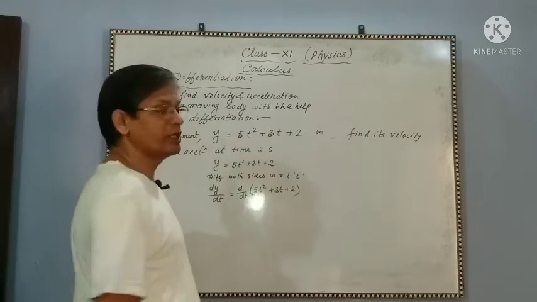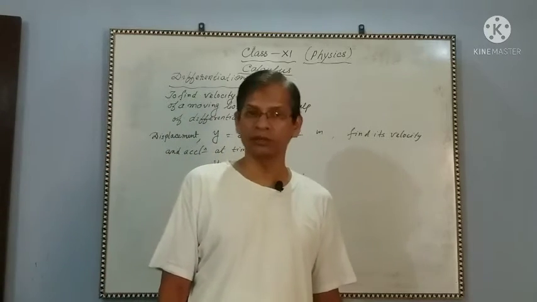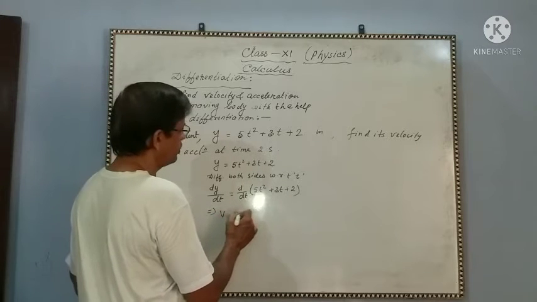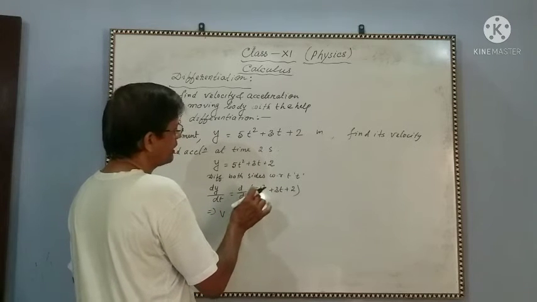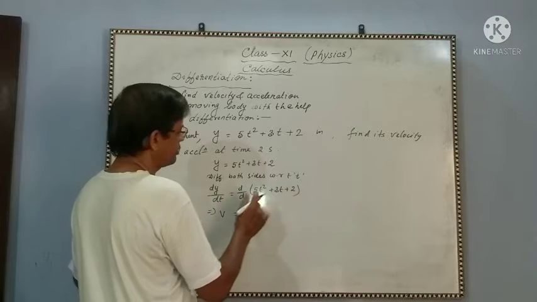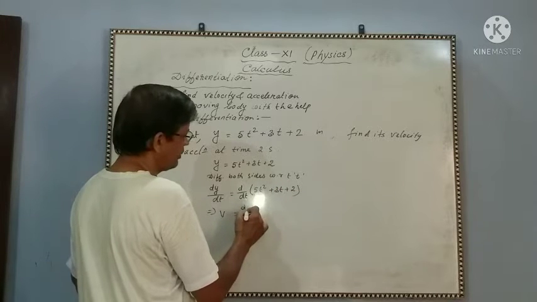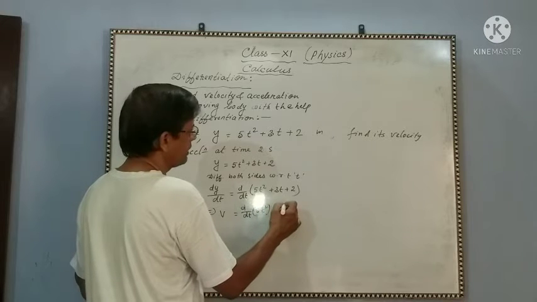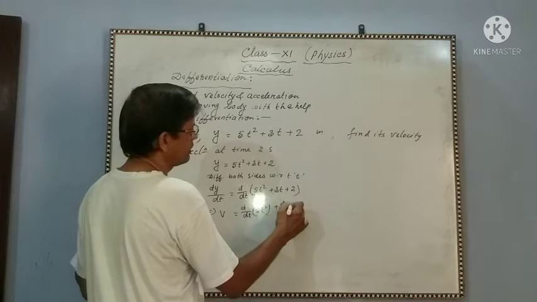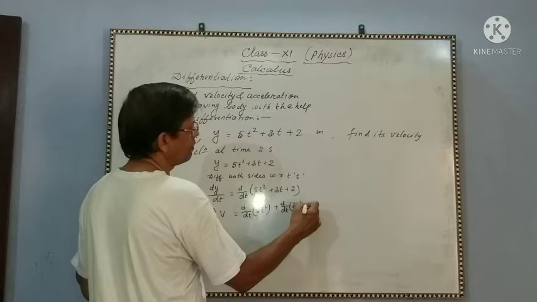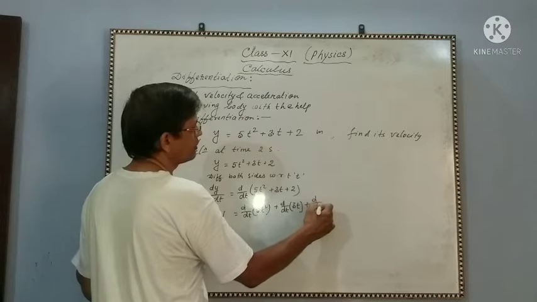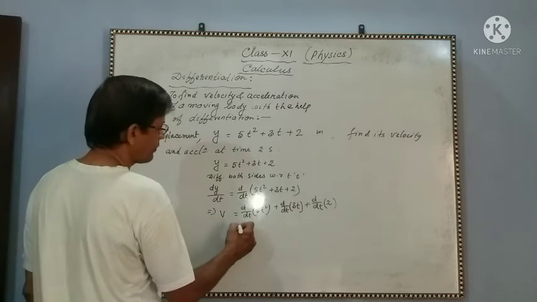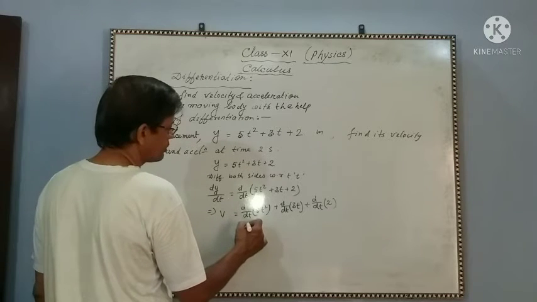But what is dy by dt? This is the instantaneous velocity. So v equals, now you separate this. There are 3 terms, so differentiate separately: d by dt of 5t square plus d by dt of 3t plus d by dt of 2.